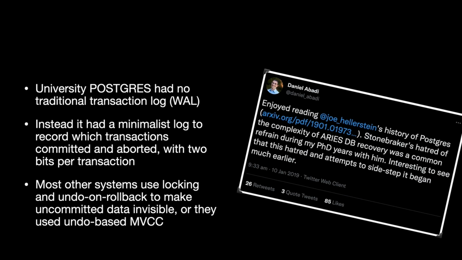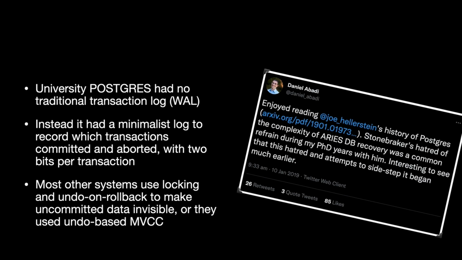Most other systems don't have, as far as I know, something like our CLOG, because they have other ways of making sure that nobody sees uncommitted data. Either they lock everything and roll back when they need to, so that other people have to wait while data is in an uncommitted state, or they have some kind of snapshot system, which is to an end user much like Postgres, but implemented completely differently using undo logs.